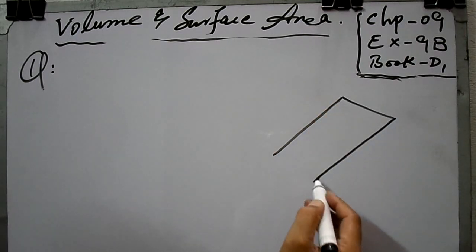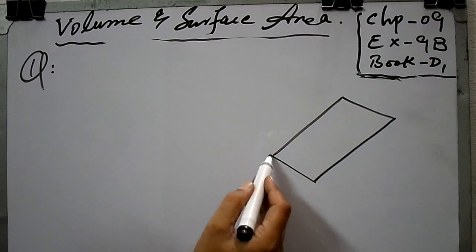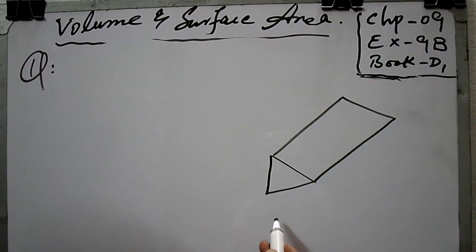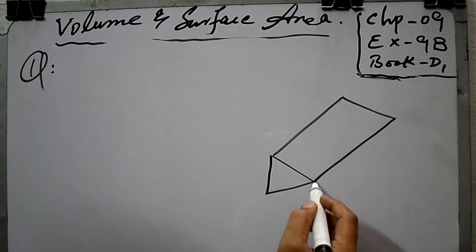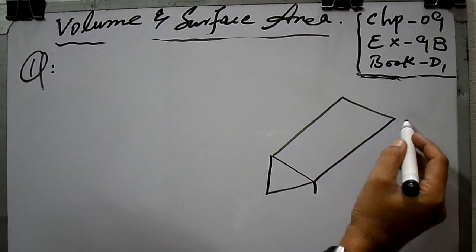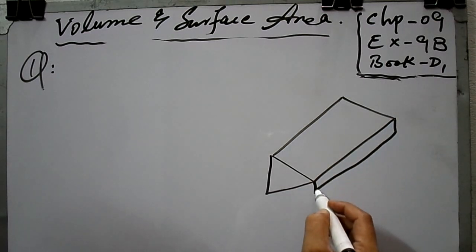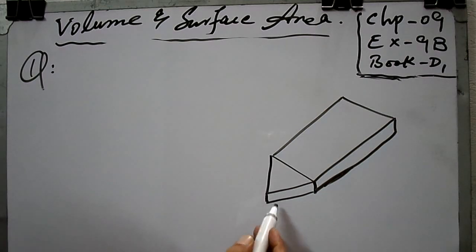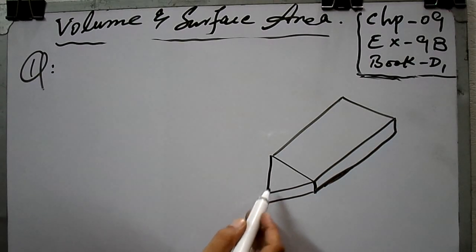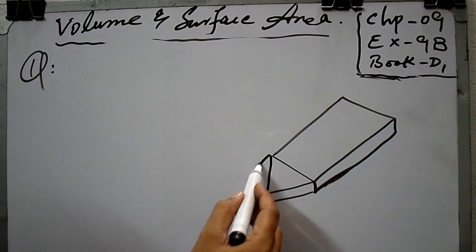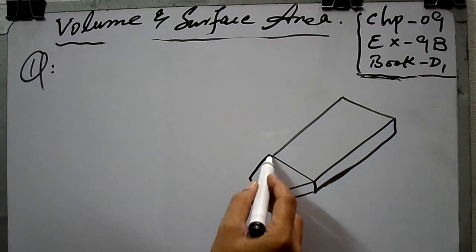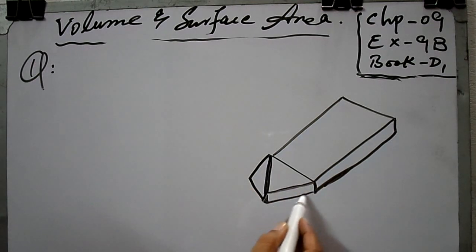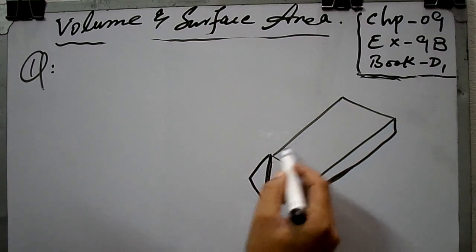That is also a kind of prism, and the height is this one, that is your prism height. So this is the condition that is given in your textbook like this.